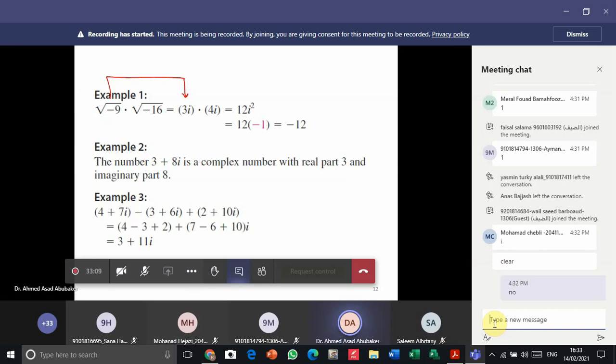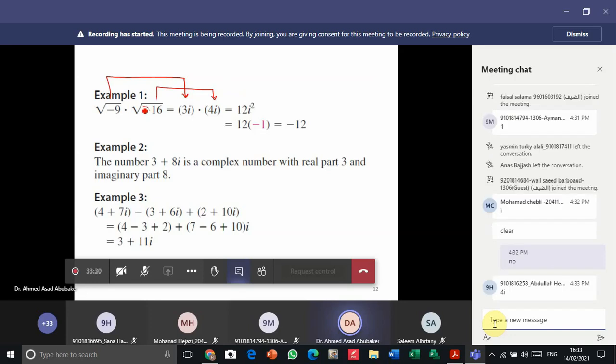Because we have a negative, remove the negative, put I, and radical 9 equals 3. So we have 3I. What's the value of the radical of negative 16? Remove the negative, put I. And radical 16 equals what? 4. So we have 4I.